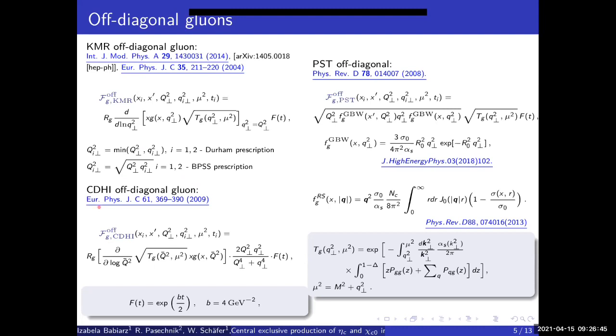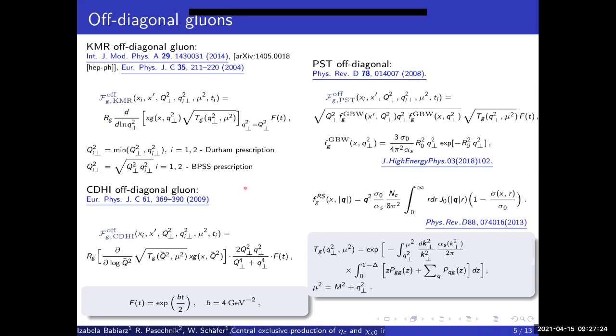You can also find the KMR, we call it CDHI, off-diagonal gluon, which is a gluon described by the Khoze et al. collaboration. These are based on the usual gluon in the collinear form, multiplied by the square root of the Sudakov form factor and the skewedness factor.